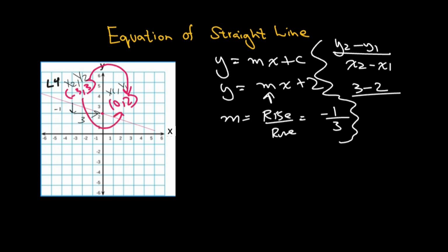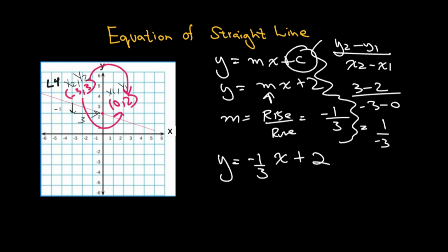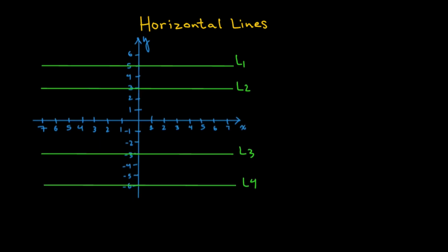And x2 minus x1 becomes -3 minus 0. 3 minus 2 is 1 and -3 minus 0 is -3. So the gradient becomes -1 over 3. So the equation of the line L4 is y equals mx plus c, where m equals -1 over 3. So the equation is y equals -1 over 3 x plus the y-intercept, that is 2. So y equals -1 over 3 x plus 2.